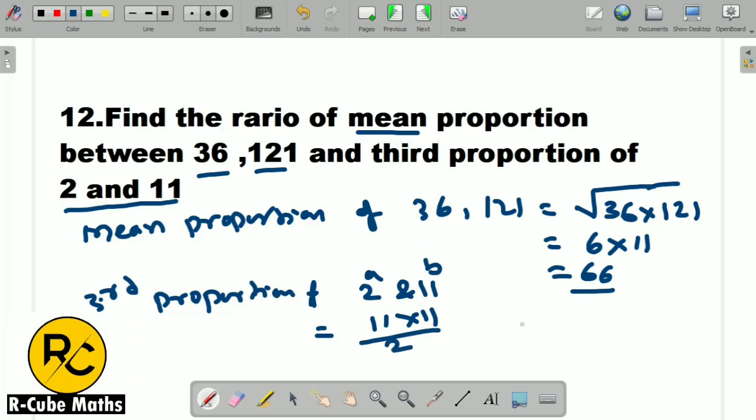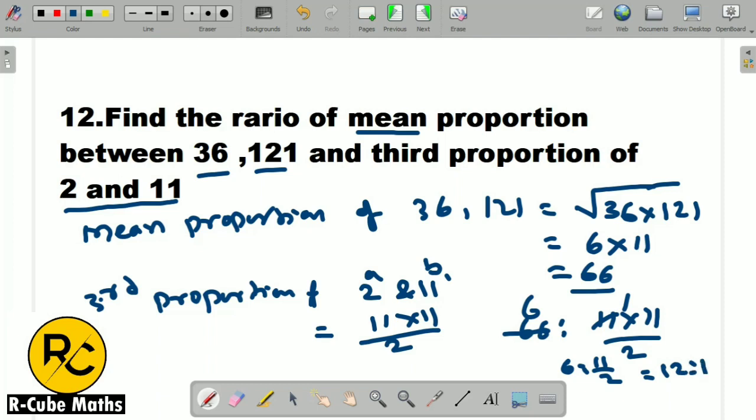So what is the ratio? 66 is to 11 into 11 by 2. 2 sixes are 12, 11 ones are 11, 11 sixes are 66. Now we get 6 is to 11 by 2. So that is equal to 12 is to 11. 12 is to 11 is the required answer.